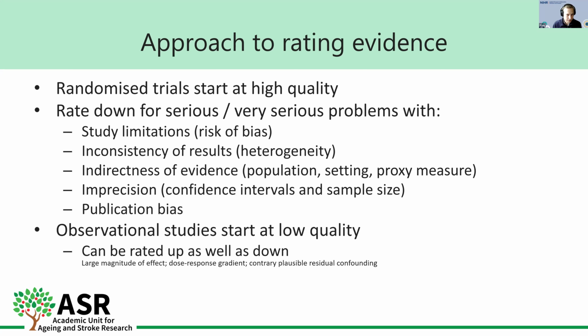And finally, publication bias, which is about the decision not to publish results from a particular outcome, or not to publish the results of a particular study, or maybe not the decision by the authors, but the decision by journals not to carry a publication based on the results that have been reported.